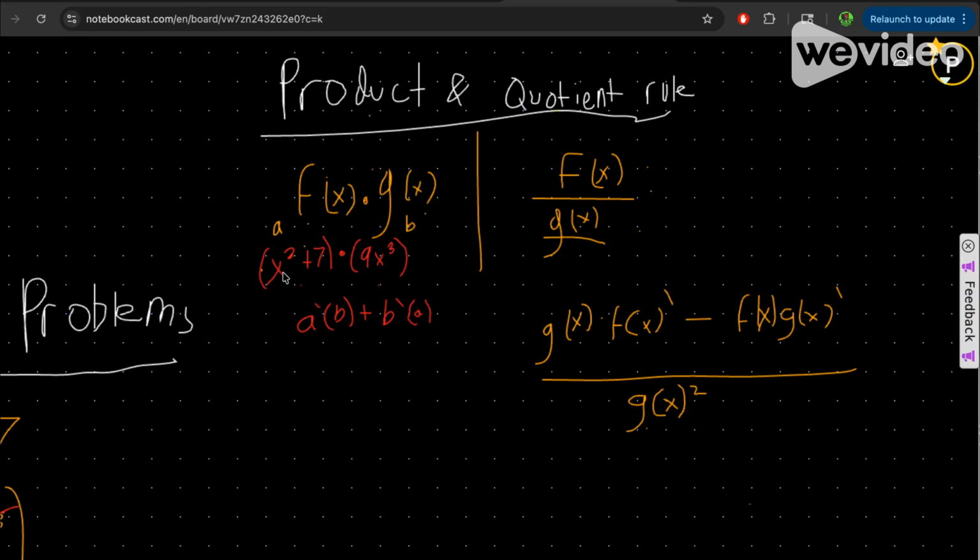So let's solve. a prime, as in the derivative of a: since 7 is a constant, that part will be 0, and x squared we've already covered is 2x. 2x multiplied by b, just regular b, 9x cubed, plus b prime, the derivative of 9x cubed: 3 times 9 is 27, x to the 3 minus 1 is 2, multiplied by x squared plus 7.